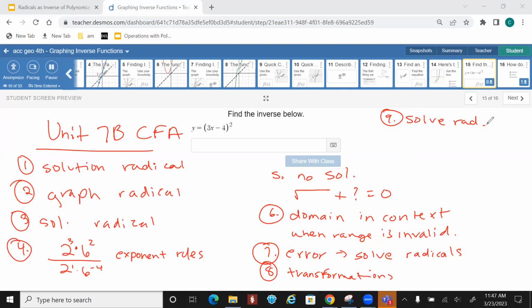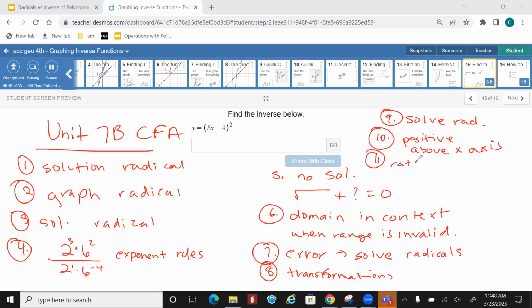Number 10 is kind of like a blast from the past. It's asking about when the function is positive, and that means that it's above the x-axis. You're looking at the domain. When is the graph above the x-axis? Number 11 is a blast from the past.